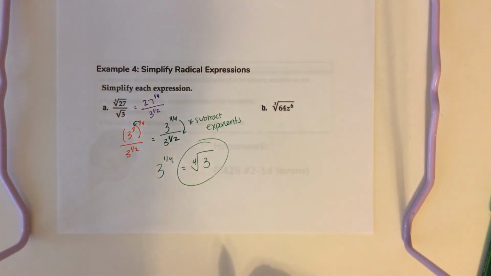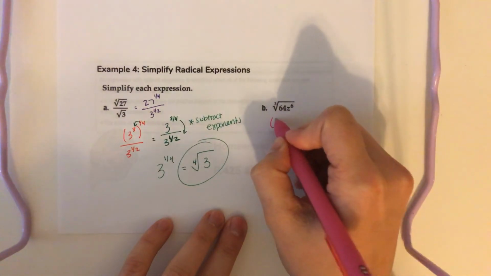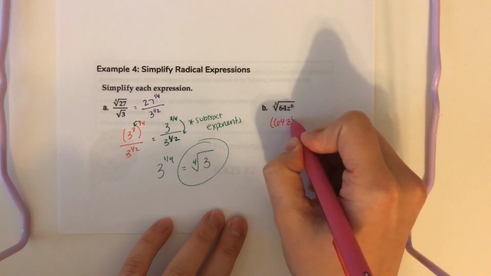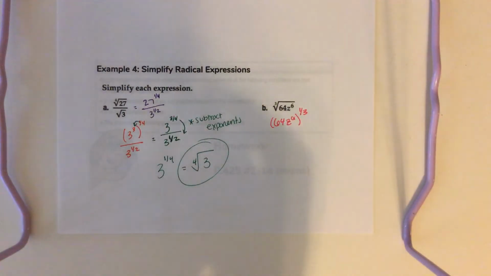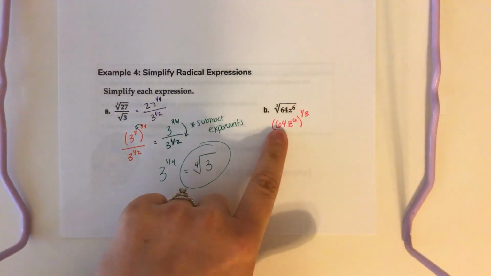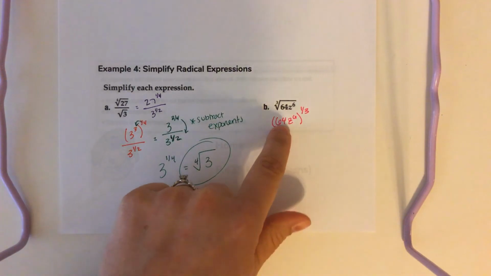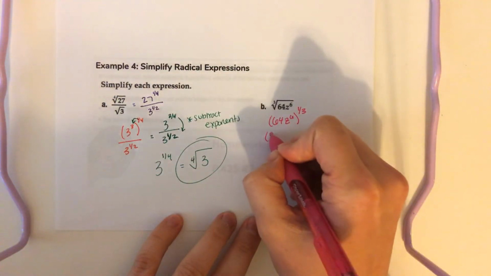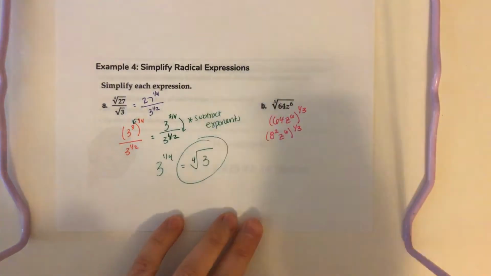The first thing I'm going to do is write this using fractions instead. So this is really just 64 z to the 6th power, all raised to the 1/3 power. And looking at what I have, 64, I can probably break that down a little bit. I know 64 is just 8 times 8, so that's 8 squared times z to the 6th power, all to the 1/3 power.